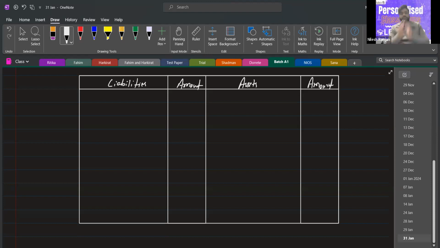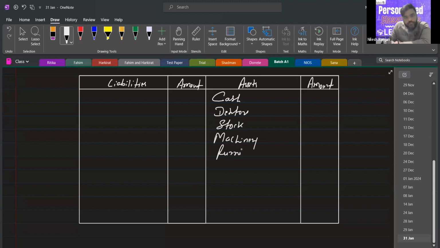On the asset side: cash, debtors, stock or inventory, closing stock, machinery, furniture, goodwill.